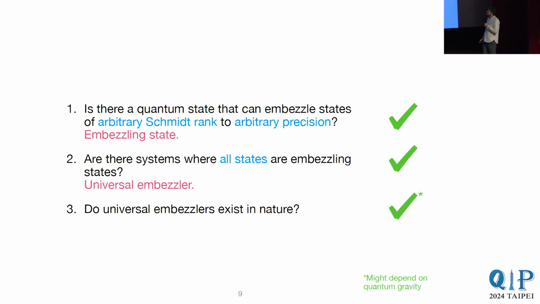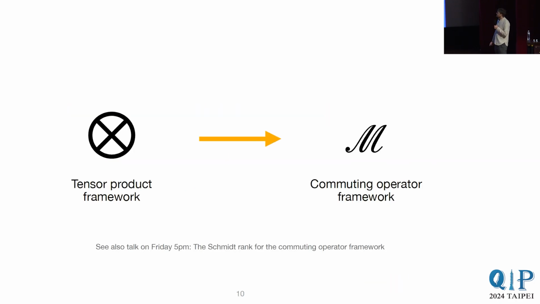Now, if you remember this no-go theorem that I told you about, you might think, okay, this clearly contradicts the no-go theorem. So what's the catch? Where's the trick that we have to employ? The trick is that we have to go from a tensor product framework to a commuting operator framework.